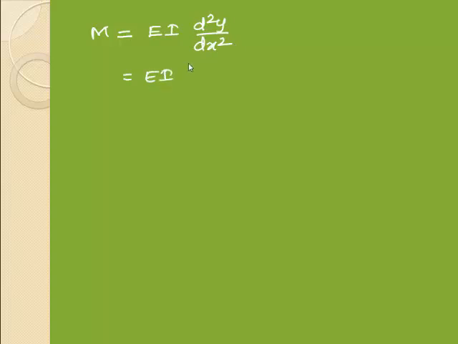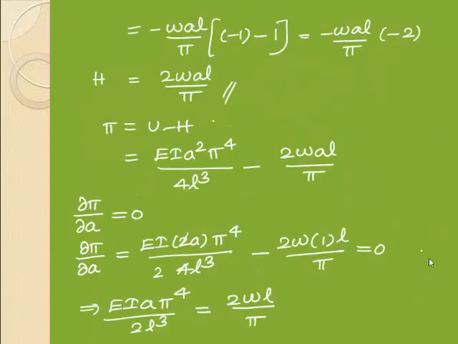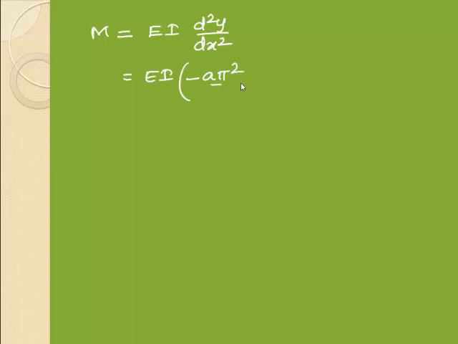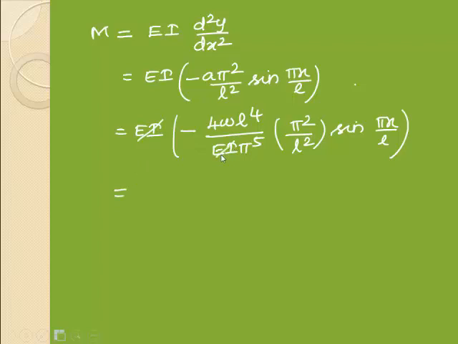So for the assumed trial function, we have already calculated the value of d square y by dx square, that is minus a pi square by L square sin pi x by L. So we have calculated the value of a as 4 W L power 4 divided by EI pi power 5, into pi square by L square sin pi x by L. So this EI and EI will get cancelled.